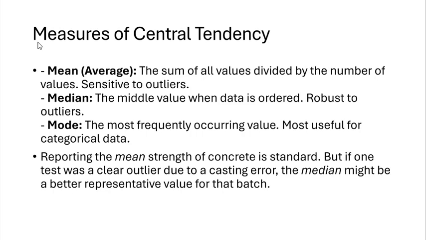So central of the data. There are some values which can describe the central tendency of the data, the center of the data. Now keep one thing in mind. Our aim is not to get the central value, like the numeric center. We don't want the numeric center of the data.